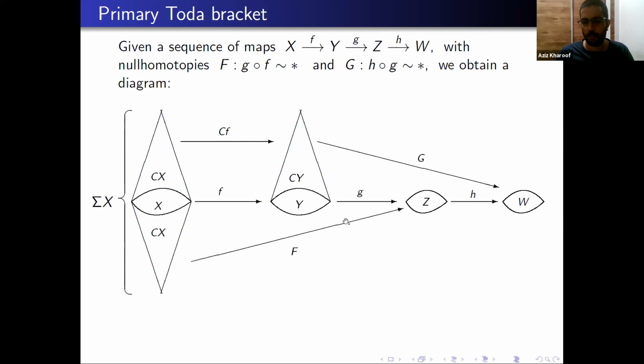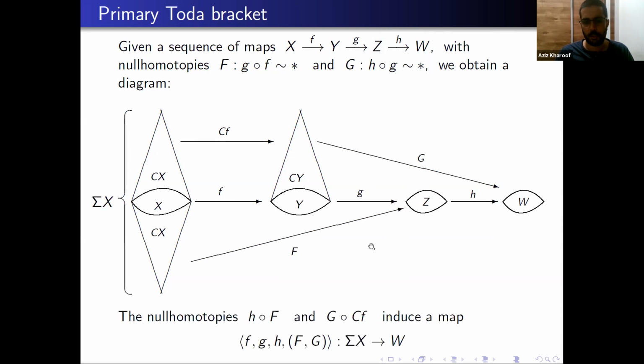You have this null homotopy from the cone of X to Z. You can compose with H, so you have a map from the cone of X to W. You can also compose this null homotopy from the other side with the cone of F, because it will have the same target. So you have two maps from the cone of X to W. Both of them coincide at X, where it's the composition of the maps. So you get a map from the suspension of X to W.